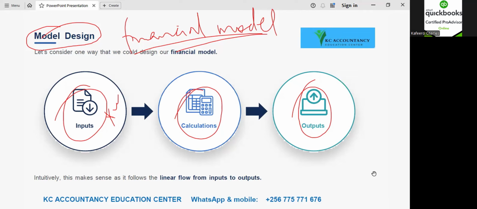So these outputs are the end results that are coming out of those calculations that we did.